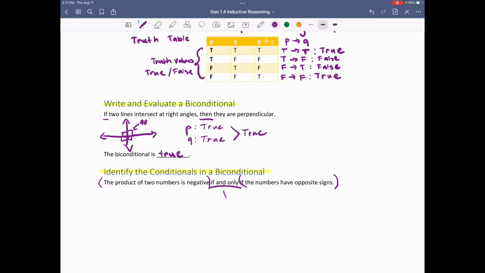We have here our P, and we have here our Q. So in this biconditional, we can say that the product of two numbers is negative would be identified as P. And the second part, the numbers have opposite signs, is our Q.